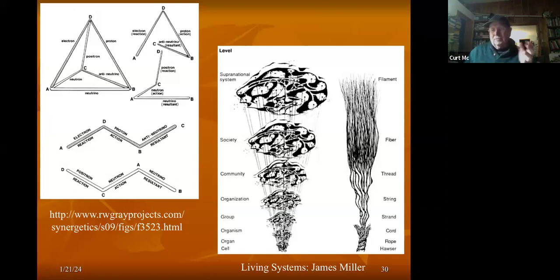So your kidneys and your liver are not all uniform with exactly the same stuff. They've got subsystems called organelles. They have boundaries, they have inputs, they have outputs. Same with the organ and the organism, the human or the animal, and then organization. And so this is called isomorphy, systems isomorphy. And it simply says that there are a wide variety of stuff. What's true at one level is true at the higher levels and the smaller levels.